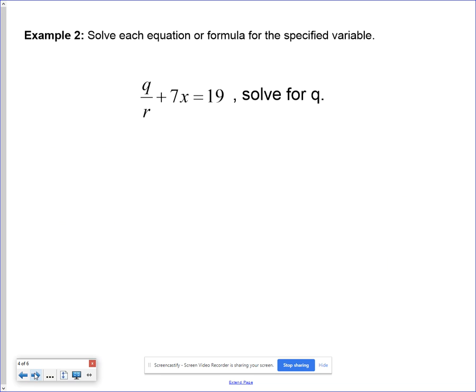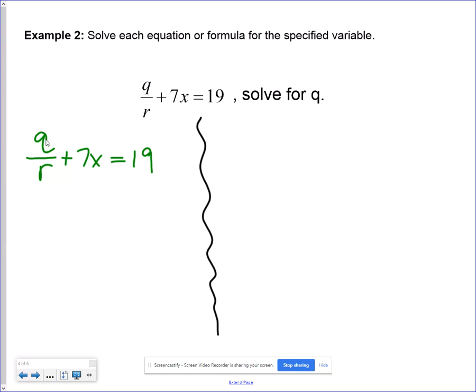Example 2. Solve the equation or formula for a specified variable. So here is our equation. Q over R plus 7x is equal to 19. Again, if you're having a difficult time at starting these, if the variables confuse you, replace the variables with numbers. So what variable am I trying to solve for?